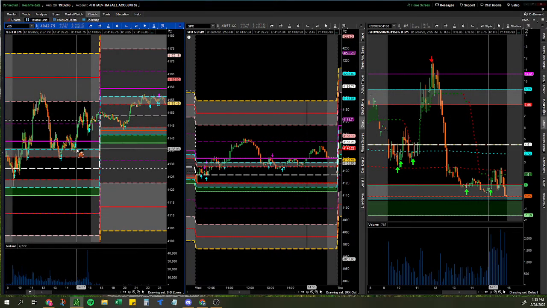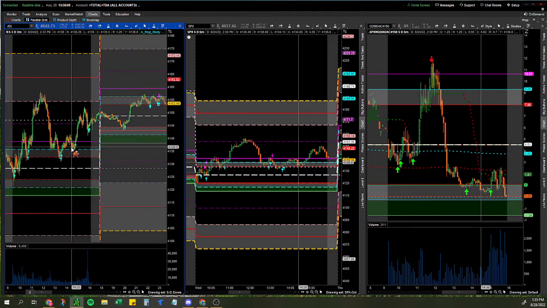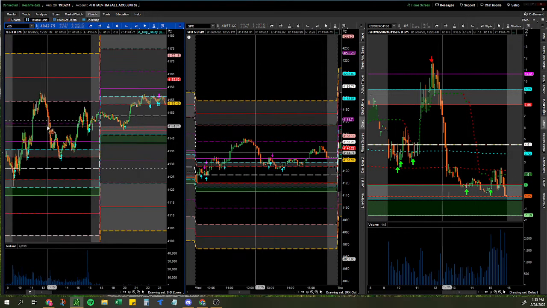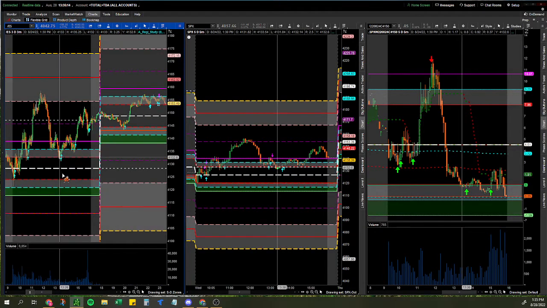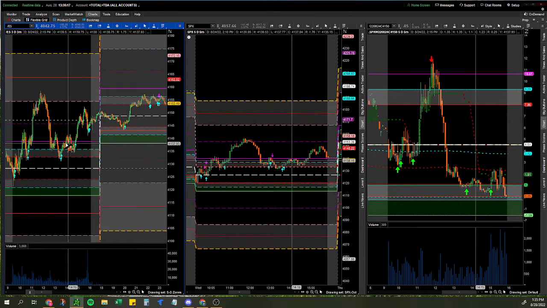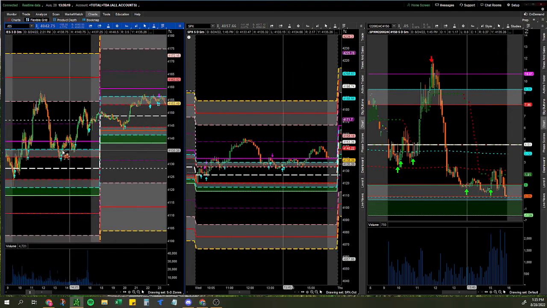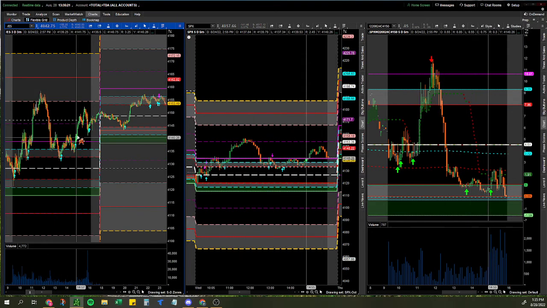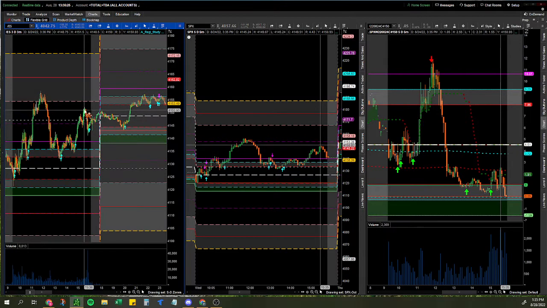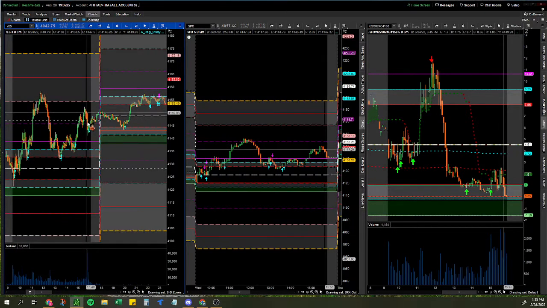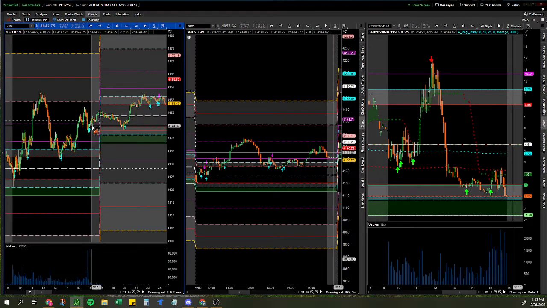So remember I said, in the middle of the shaded region, the cyan line is very important. We tried to hold it, slipped it just enough to tag that red one and trap shorts, and then popped right back up, keeping our shoulder at that blue line. We take off from there, hit our purple hashed, hang out for a second, try to get to the outer shaded region, and then come back to our purple hash to pretty much close the day.